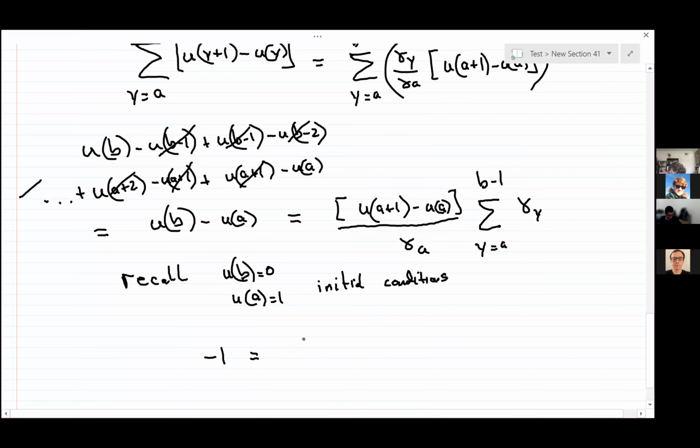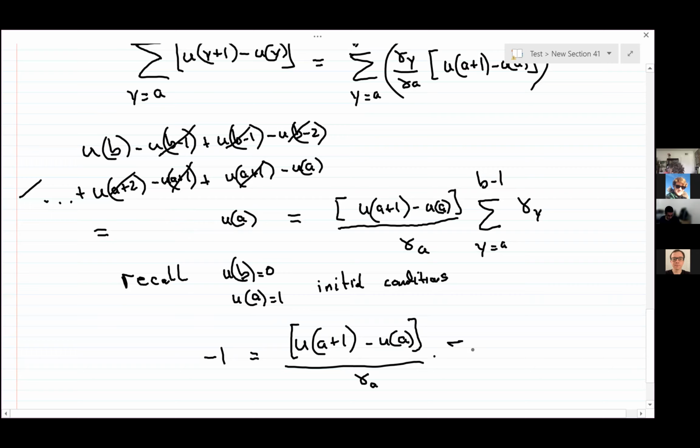So that's U of A plus 1 minus U of A, all over gamma of A. And that's times the sum, y equal a minus 1, and y.